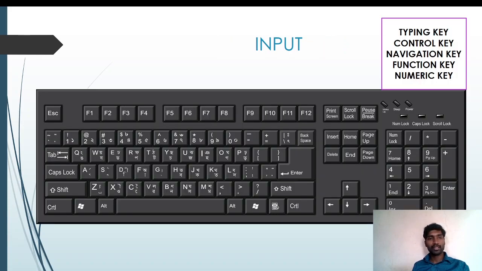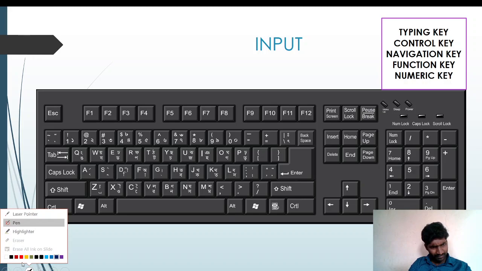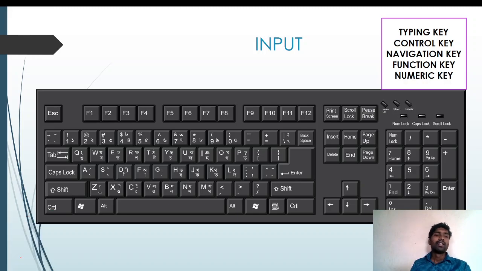If you count the number, in this keyboard we are having 104 keys. Basic standard keyboard we are having 104. If any keyboard is smaller or bigger in size, like Chinese models, this 104 may be less or more.